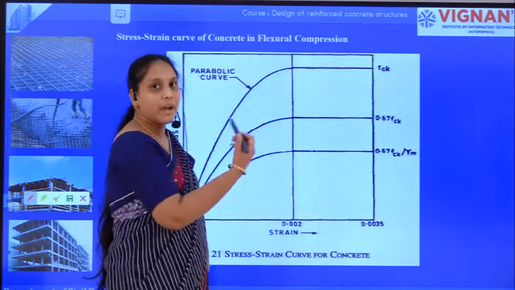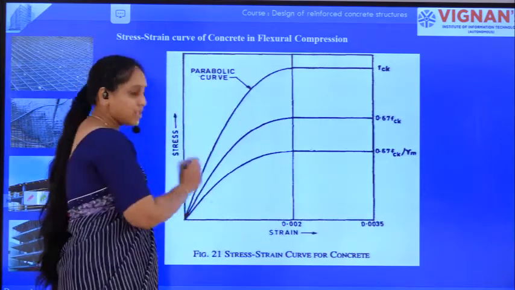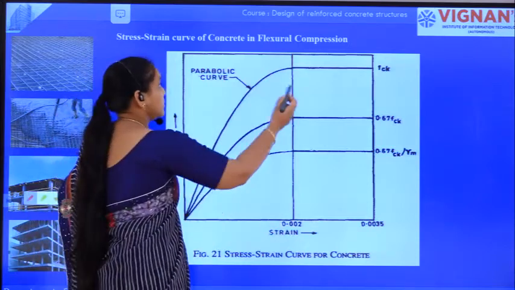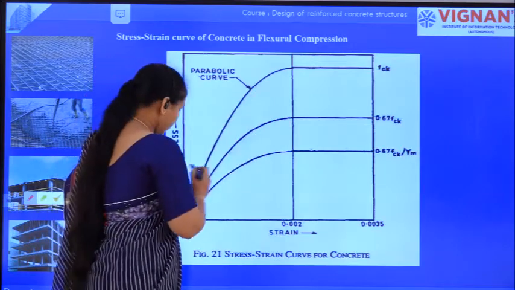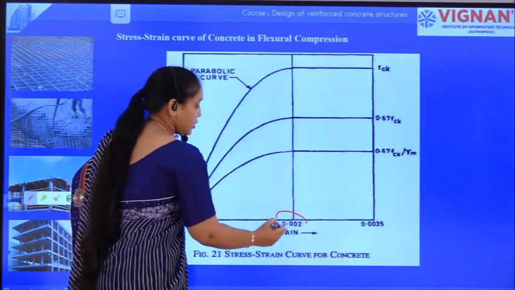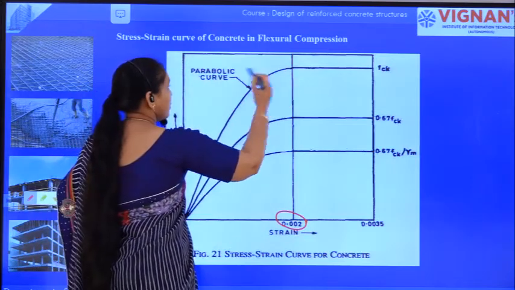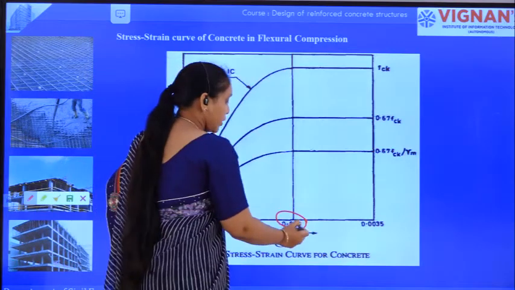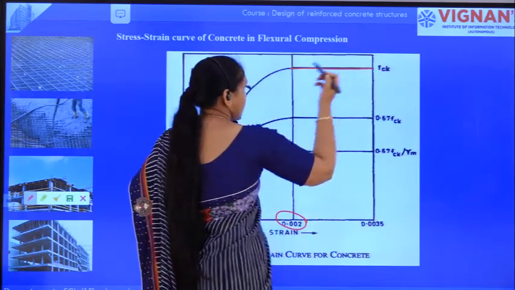Here we have three curves. On the y-axis we have the stress, and on the x-axis we have the strain. If you observe this stress strain curve for the concrete, up to a strain of 0.002 the shape of the curve is a parabola, and from a strain of 0.002 to 0.0035 it is linear.